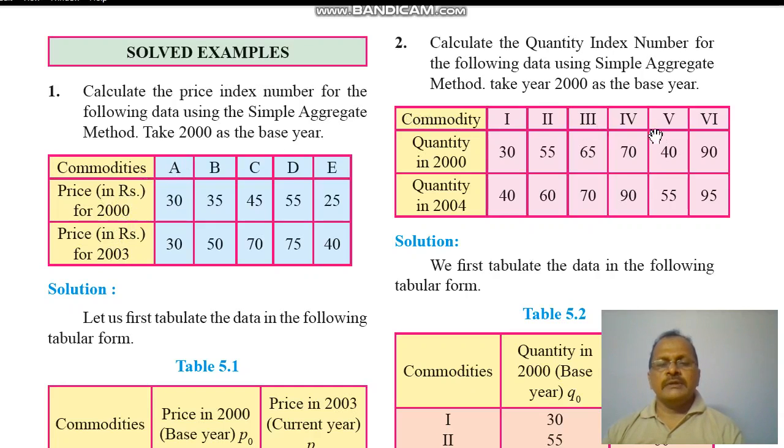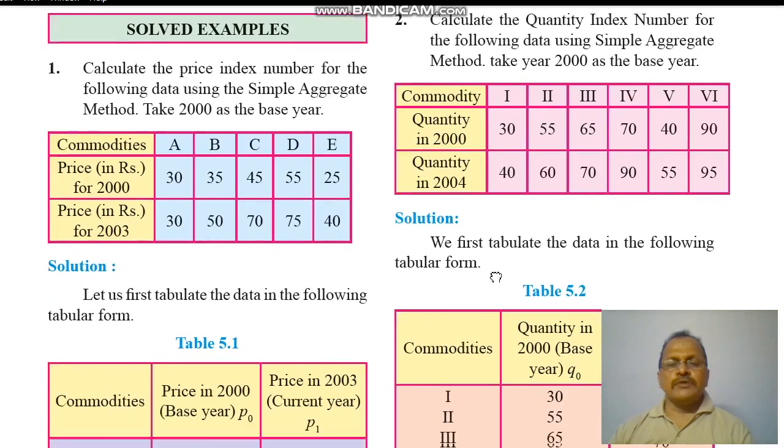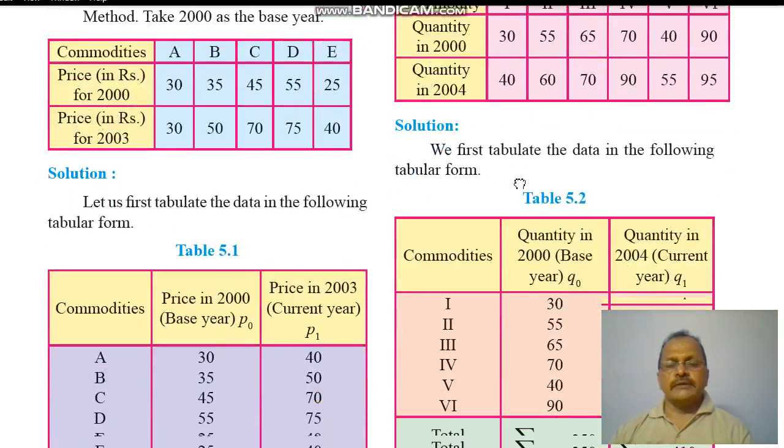Commodities are given, the quantities used or consumed in the base year, that is year 2000, are given, and quantities in the current year, that is the year 2004, are given over here. Using this, we have to find out the quantity index number using the simple aggregate method.